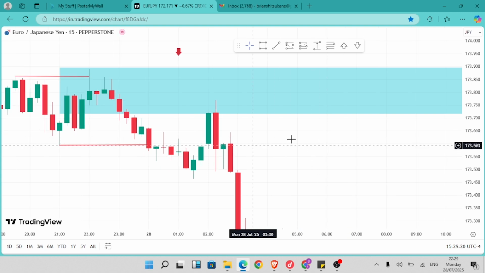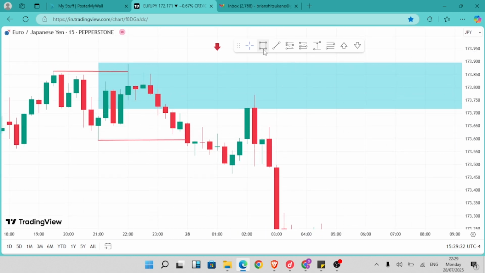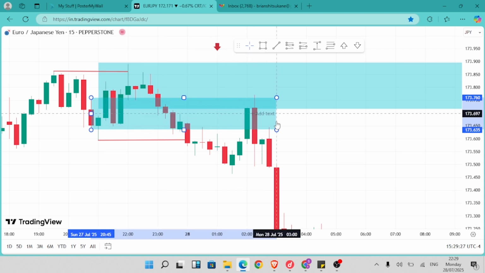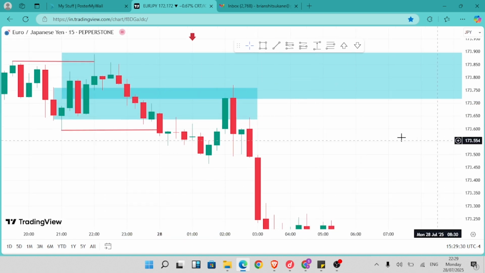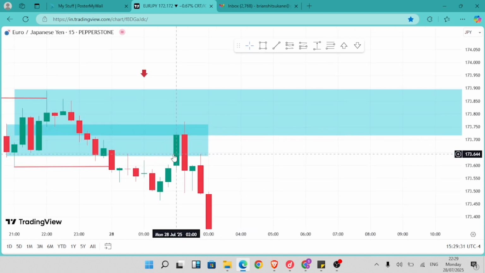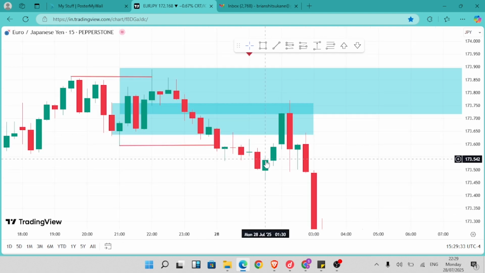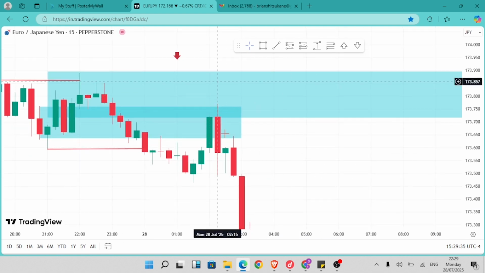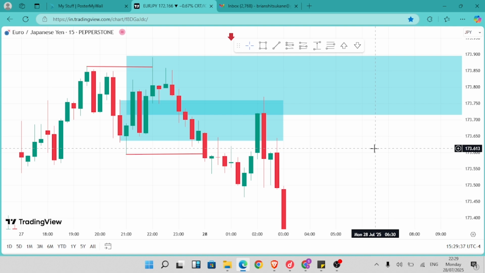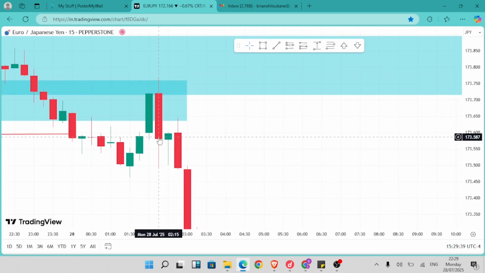And we will think of price reacting off this breaker block. Later on, price comes into the breaker block, reacts off this breaker block, giving us a bearish engulfing candle out of the breaker block.